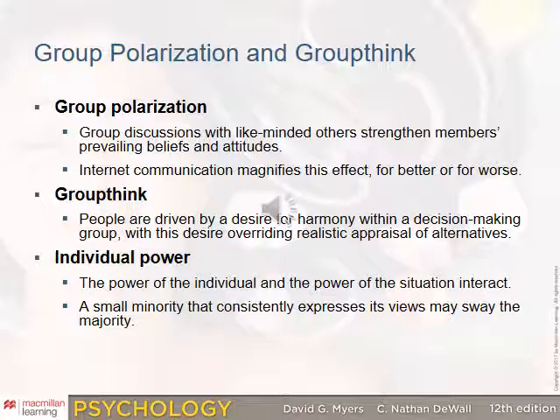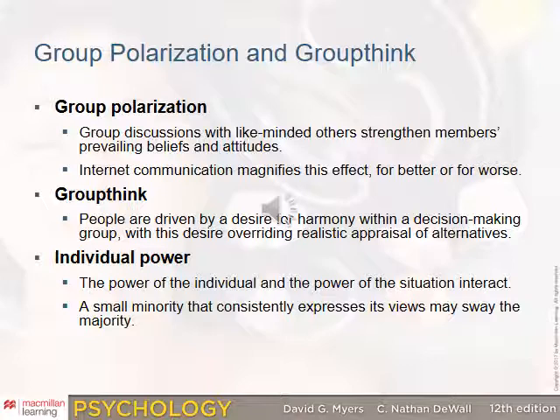But groupthink, there are two well-known examples, but I'll talk about one. Engineers of the space shuttle Challenger knew about some faulty parts months before takeoff, but they didn't want negative press, so they pushed ahead with the launch anyway.